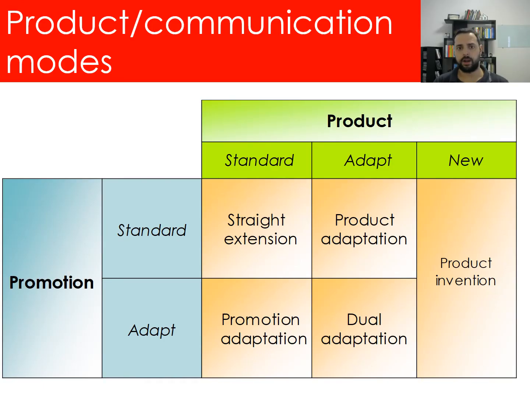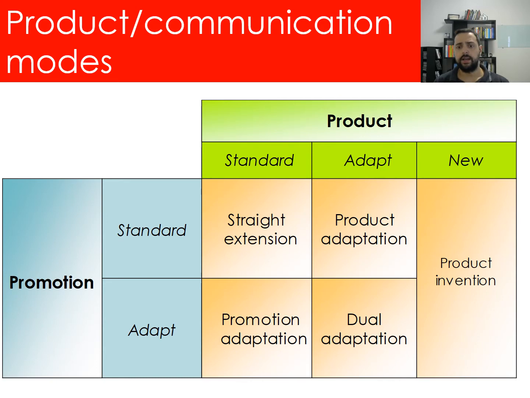In global market, the starting point for making your product decision is to choose how you're going to adapt your product or adapt your promotion. And thinking about the two dimensions of standardization and adaptation, we can have a matrix with four elements.